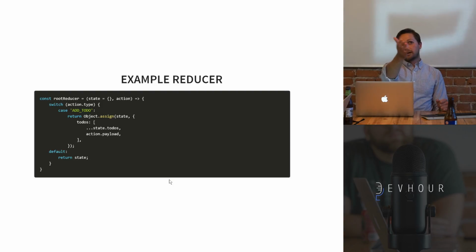That spread operator that you see, the ellipsis state.todos, that's destructuring the current to-dos that we have. So we're just destructuring that array, plopping the new one on behind it, and pushing it back into our to-dos there.